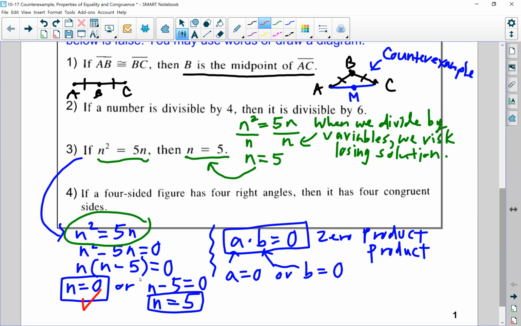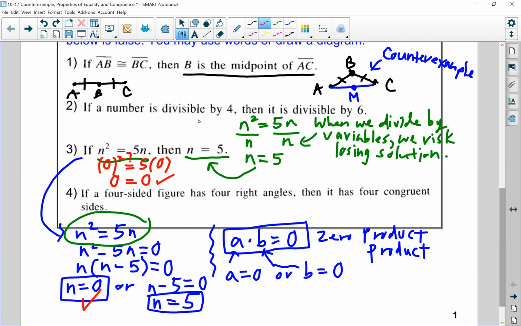Although both of them, n equals 0 and n equals 5, solve this equation, we are trying to find the one that makes the first part, the hypothesis, true. So let's check. If we put 0 for n, square it, and compare it with 5 times 0, the left side, 0 squared, is 0, and 5 times 0 is 0. It is true.